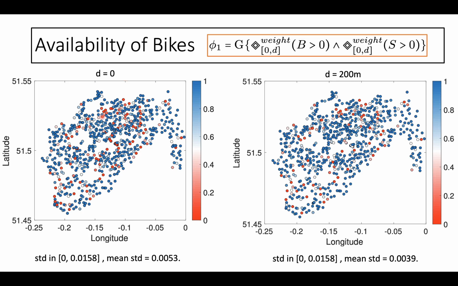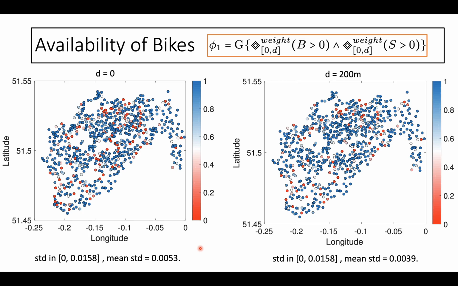This figure approximates the satisfaction probability over 1,000 runs. We are considering a stochastic system here, so we cannot check just one trajectory; we take a number of runs and compute the average and the approximation.